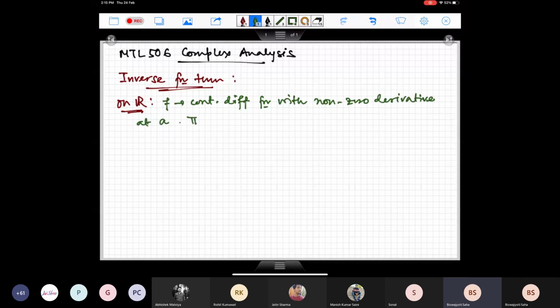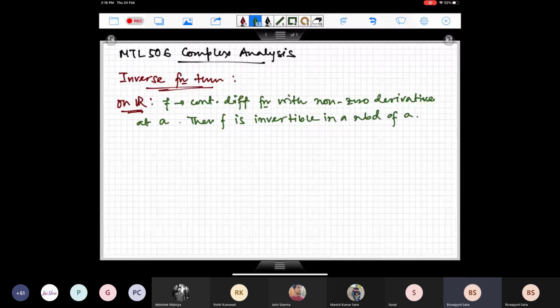Then f is invertible in a neighborhood of a. So if I have a C1 function with non-zero derivative at a point a, then my function is invertible in a neighborhood of a.